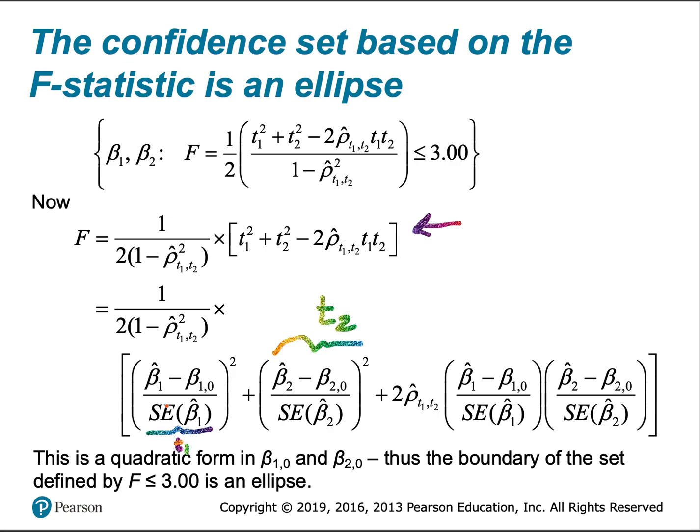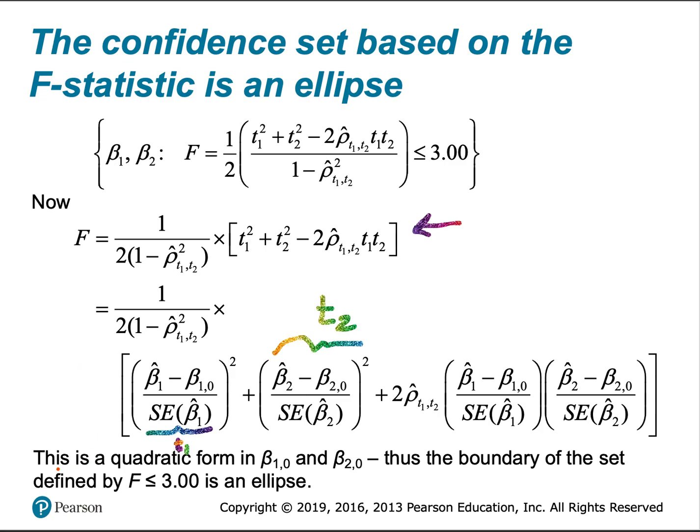t1 is equal to beta 1 hat minus the null hypothesized value for beta 1, all over the standard error of beta 1 hat. t2 is beta 2 hat minus the null hypothesized value of beta 2, all over the standard error of beta 2 hat. So we substitute in these expressions for t1 and t2, and we have an expression for the F statistic as a function of the OLS estimates for beta 1 and beta 2, the null hypothesized values for beta 1 and beta 2, their standard errors, and the correlation between the test statistics.